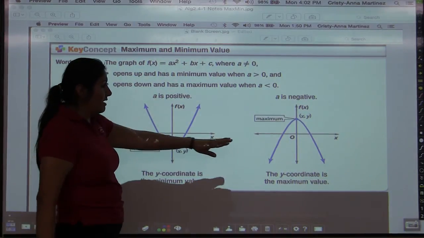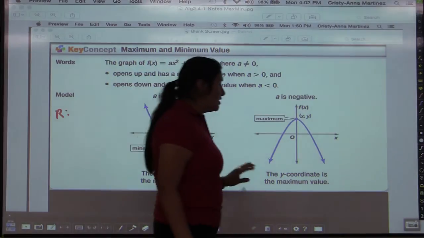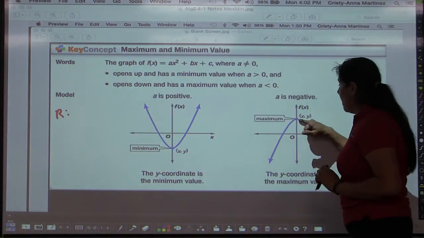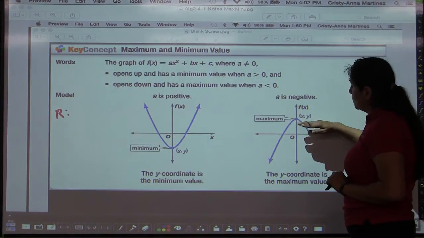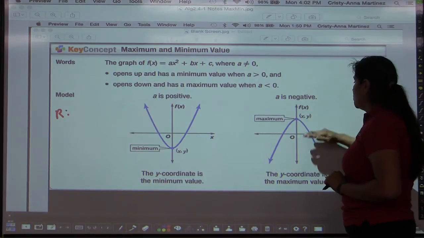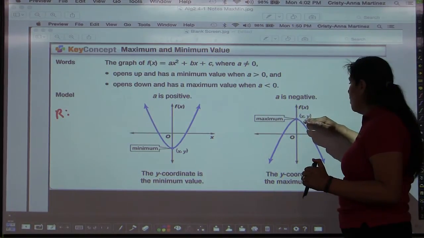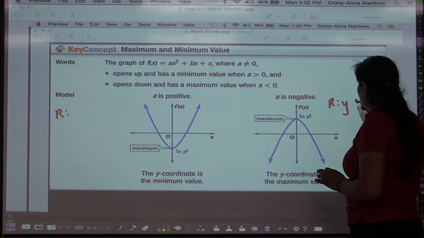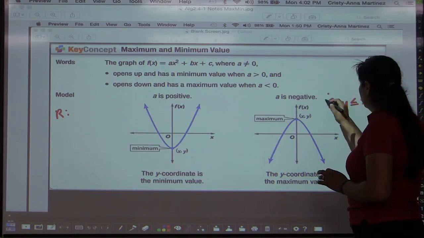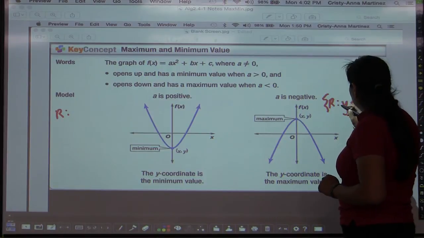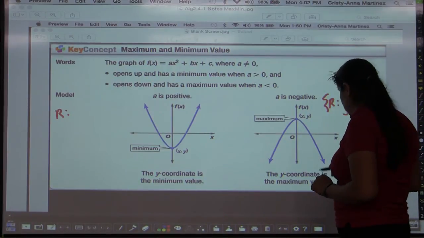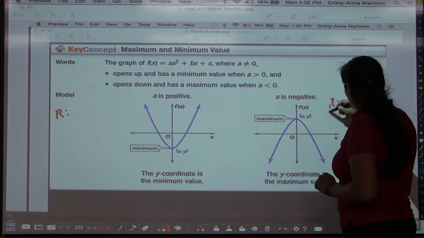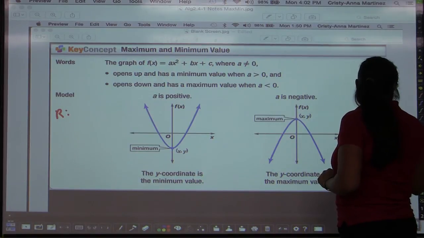In the case of the negative parabola, the reverse is true, because now this is the highest point on the graph, so your range will be from this point down. So if this number was 5, for example, then the range of this function would be y less than or equal to 5. Let me write this correctly here.